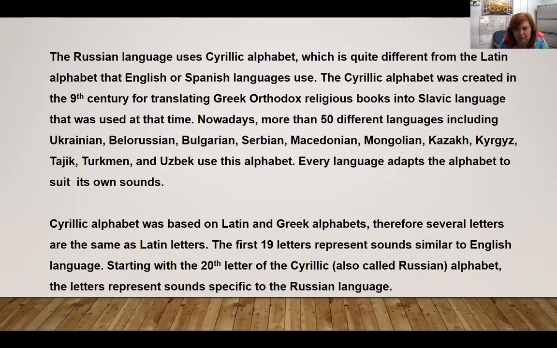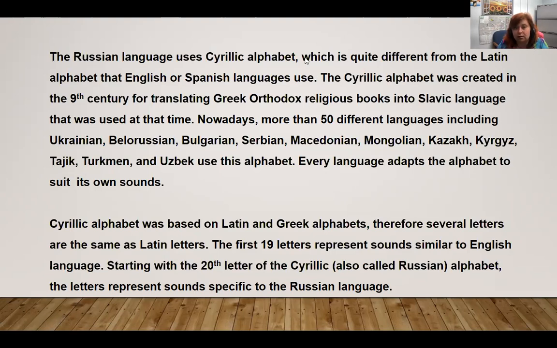So how that happened: when the ruler of the Russian state, Kievan Rus, it was called, Prince Vladimir, wanted to convert to Greek Orthodox Christianity, he realized that the religious books needed to be translated into the Slavic language that they spoke.